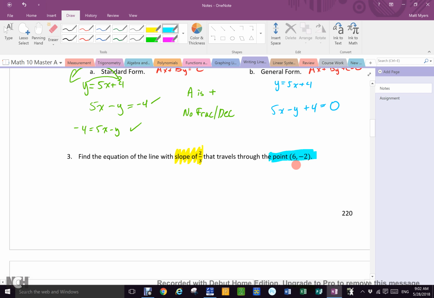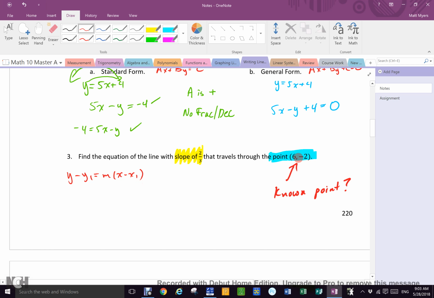Point slope. Is this a known point? Is that a point on the graph? So does that mean we can put it into point slope form? Point slope form being y minus y1 equals m times x minus x1.